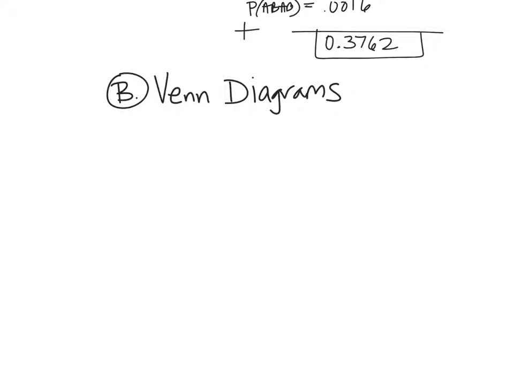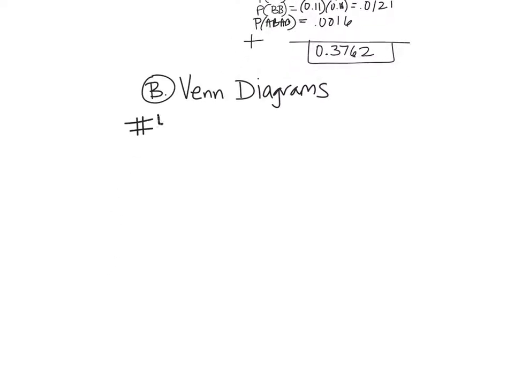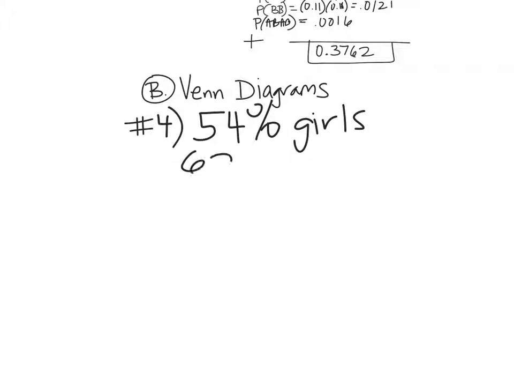Now, it says here, number 4. It says, at Pascal High School, that sounds like a pretty cool high school to go to, 54% of the students are girls. 62% of the students play a sport.